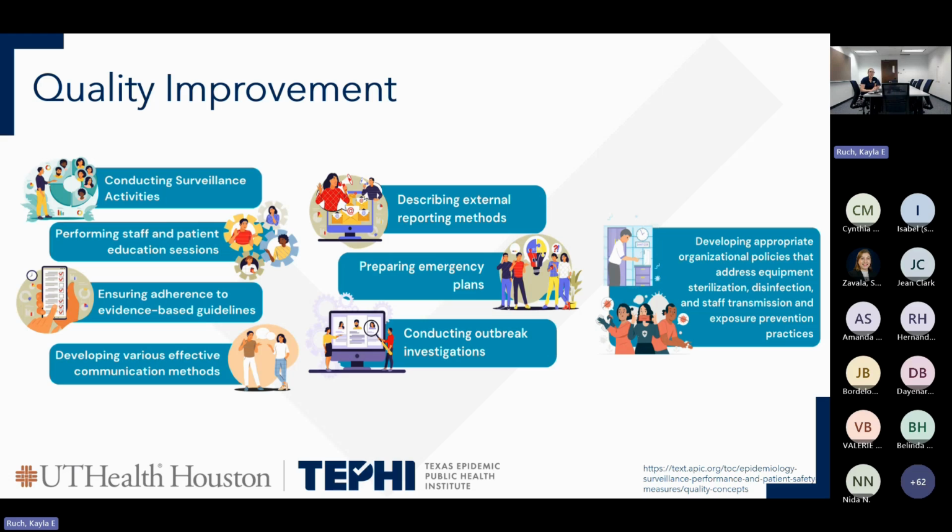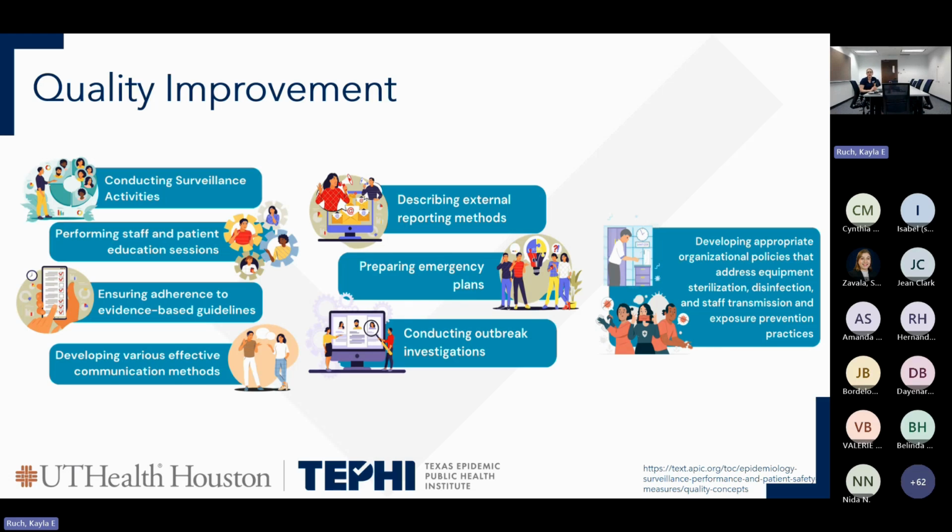We perform education to both patients and staff about specific communicable diseases and best practices, trying to ensure both safety and efficiency. We engage in adherence to evidence-based practices. That's our current guidelines and updated modifications.